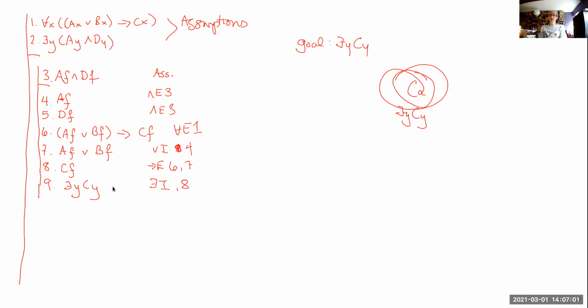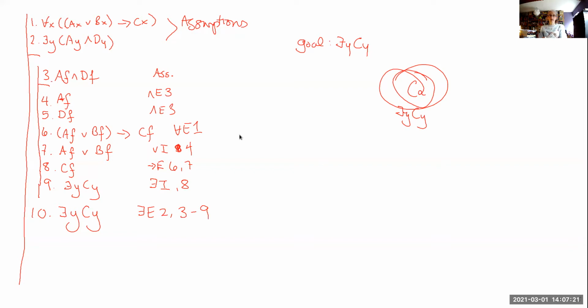And the formula that I want to pull out of this subproof doesn't use that constant. So I can conclude that there is something that is C. And this through existential elimination, citing line 2, and then the entire subproof.